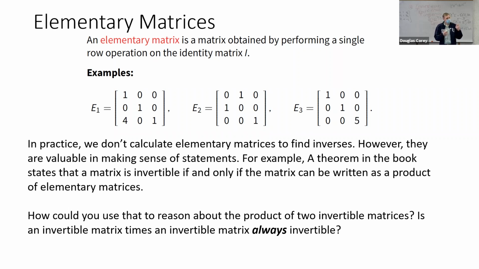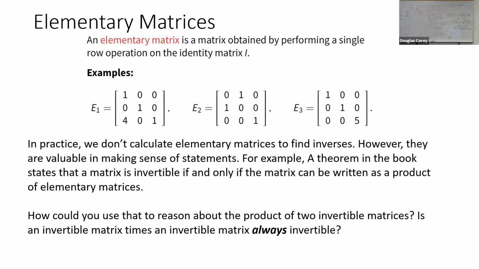So if you can factor a matrix down into a whole bunch of elementary matrices, then it's an invertible matrix. If it's invertible, you can do that, and if you can do that, it's invertible. Works both ways. You might be able to convince yourself that's true as we row reduce.